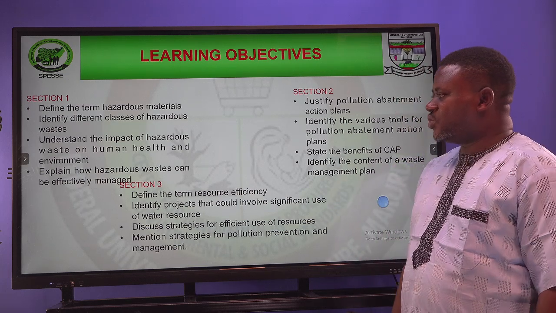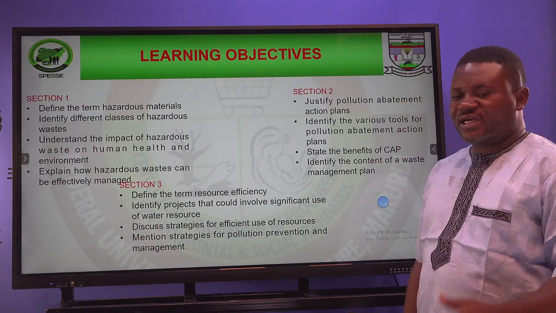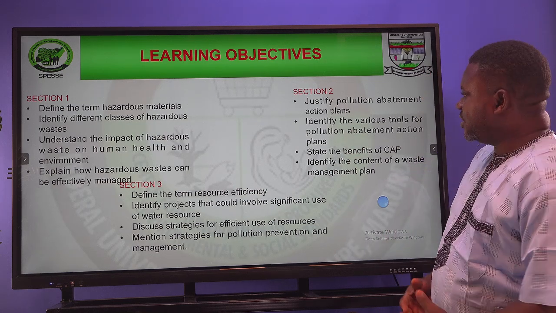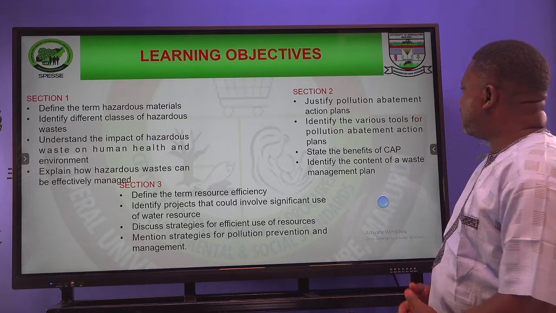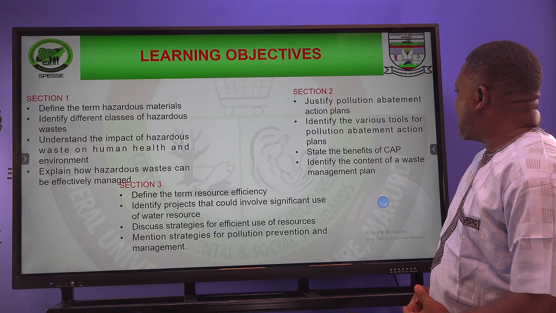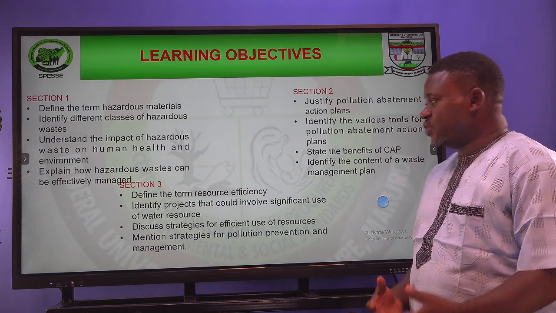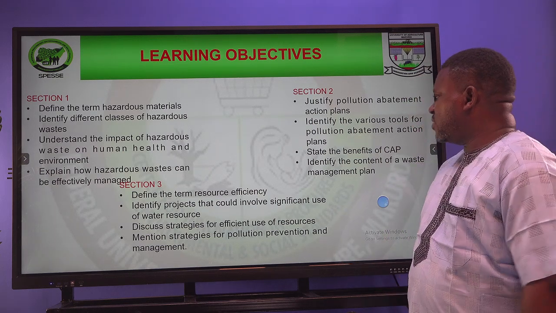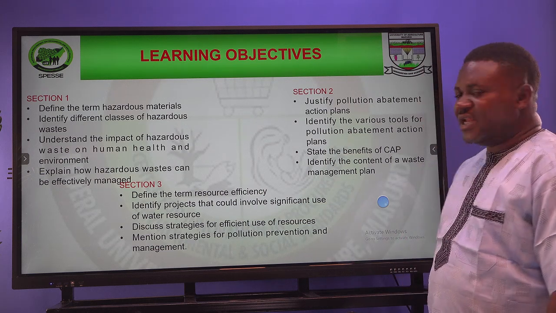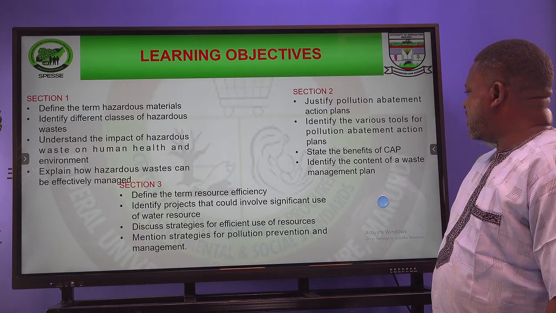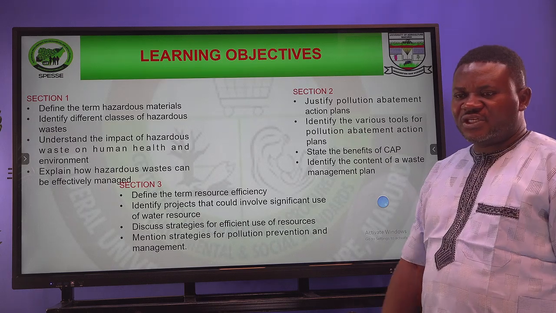You should also be able to explain how hazardous waste can be effectively managed. In the second section, you should be able to justify pollution abatement action plans, identify the various tools that are used for these action plans, state the benefits of CAP, and identify the content of a waste management plan.